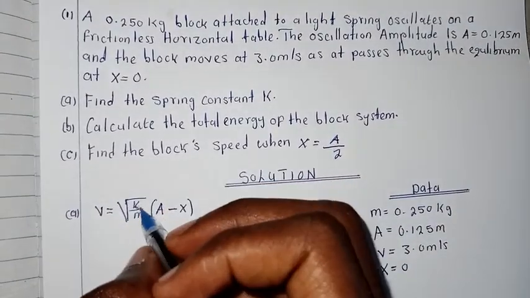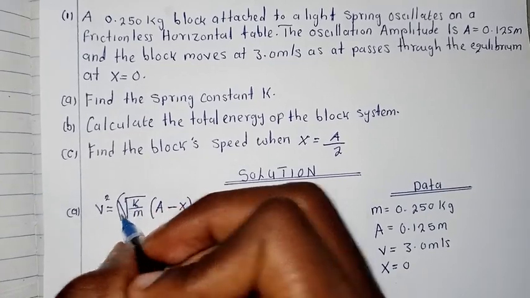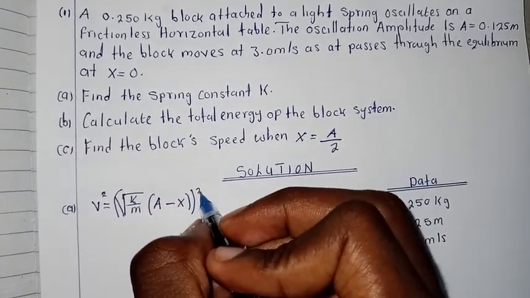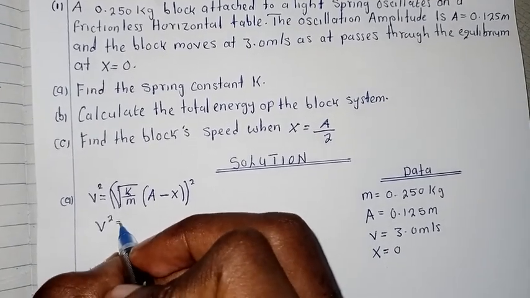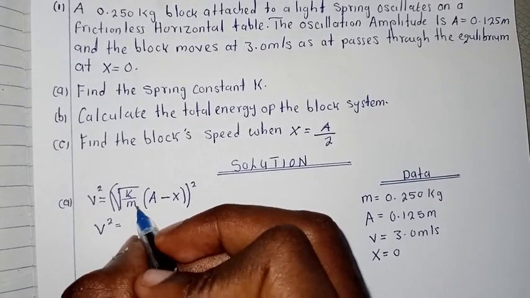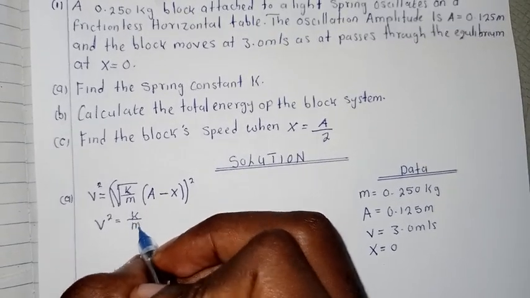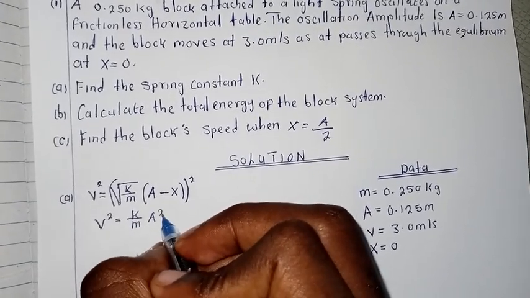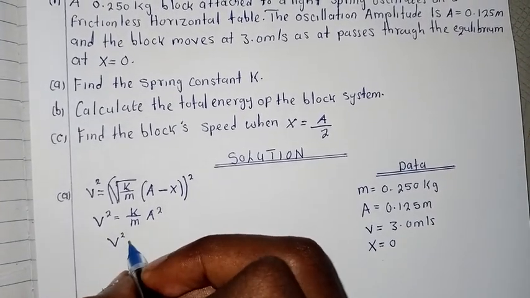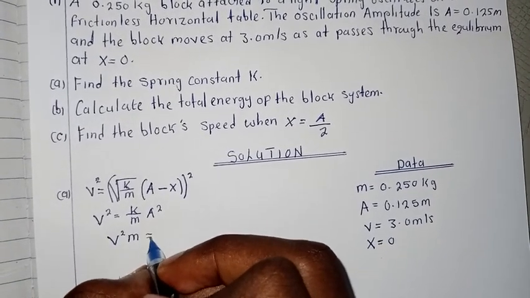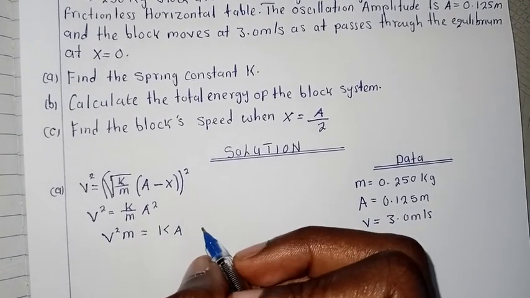So to make K the subject of the formula, of course we'll introduce a square on both sides so that we can have V squared equal to K over M, then A squared, and of course we're going to have V squared M then equal to K A squared.